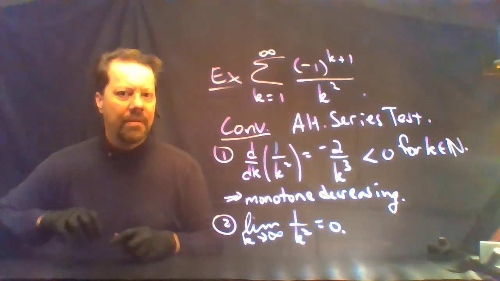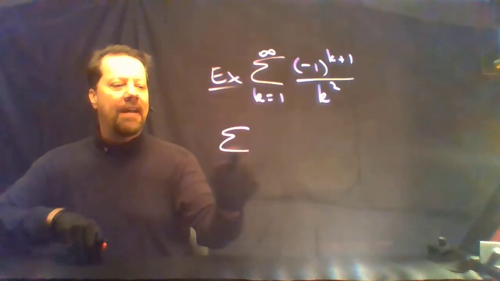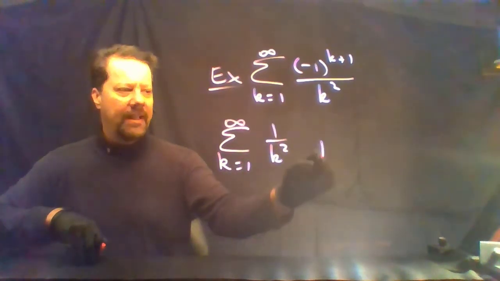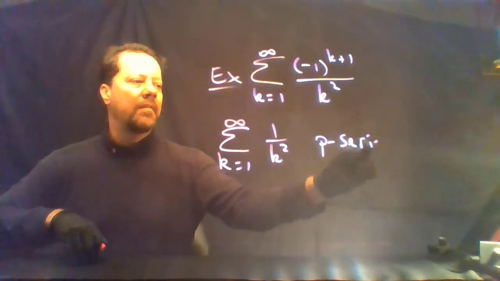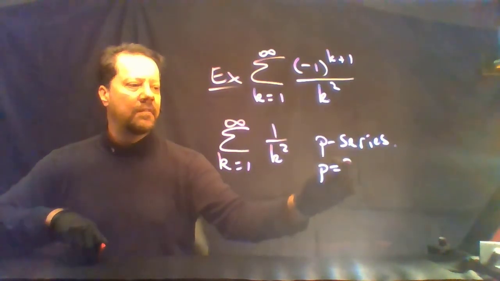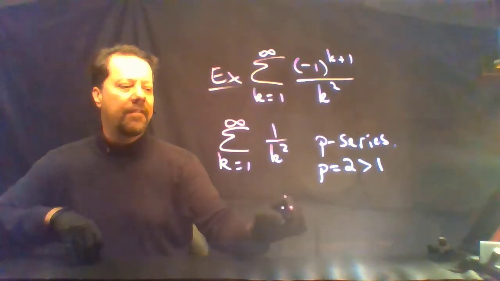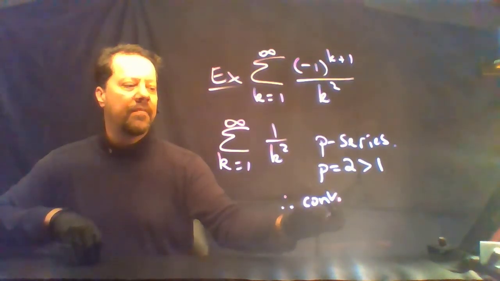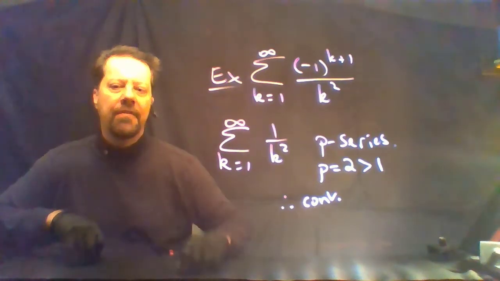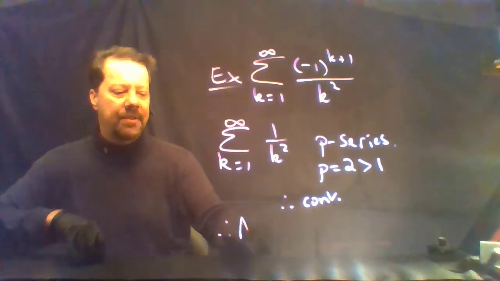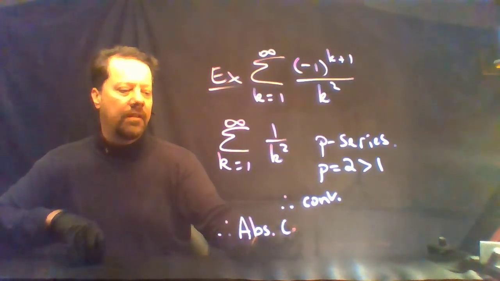But it does more. In absolute value, we get a p-series. p is 2, and that is strictly greater than 1, and therefore this converges. If the series converges in absolute value, then it is absolutely convergent.